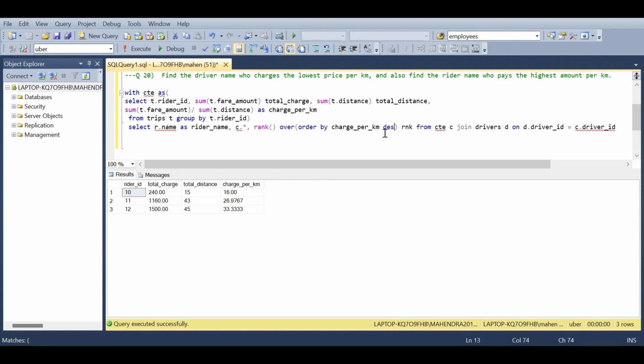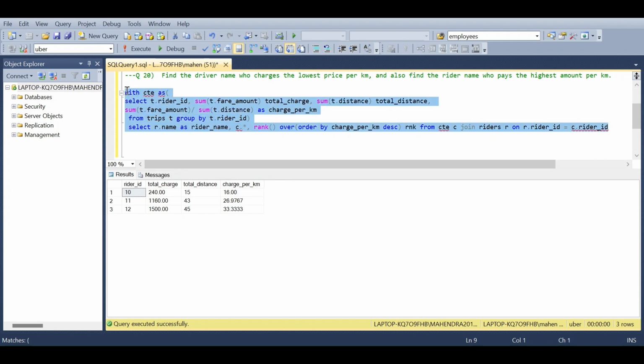So we need to order them in descending order as rank from cte join riders table as r. Now we need to use r dot rider id is equal to c dot rider id, right? In place of driver we are finding riders, that's why I just replaced it with rider.